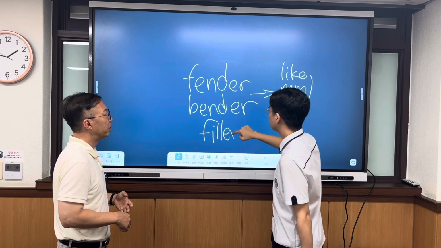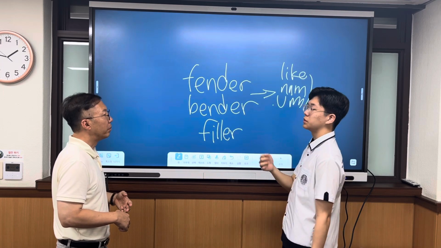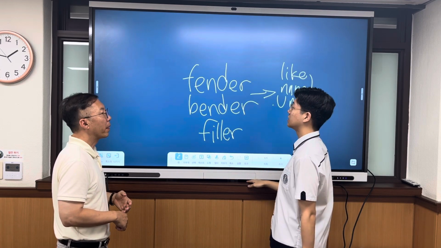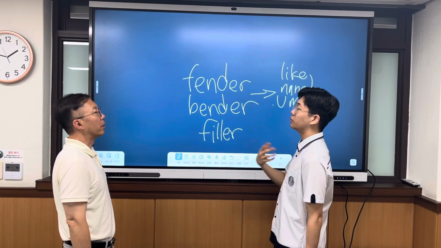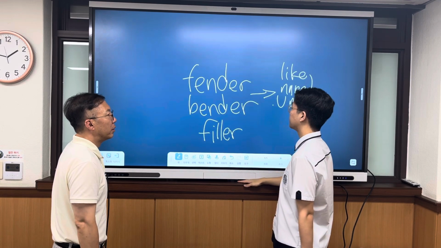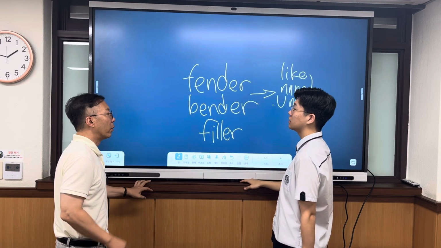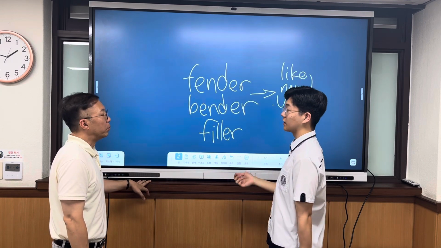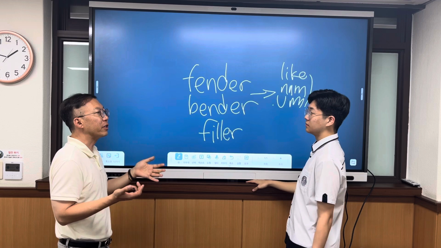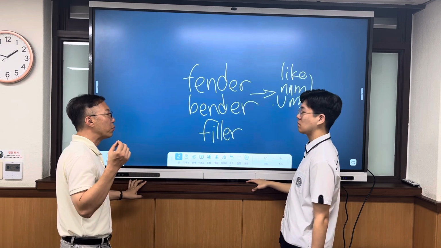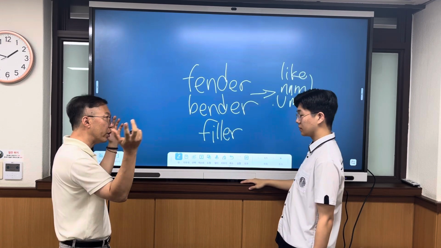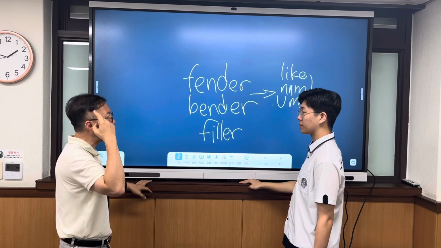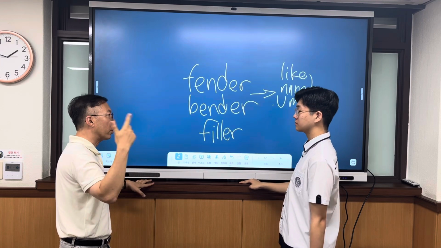Right. Those words fill the blanks between our speeches and try to give our brains some time to think more. So that was kind of a fun word to see. A lot of words we use day by day, like stuff like that. So when you have a conversation with your friend, there is a moment that you need a break between your sentences. Because you need more time to think about your next word and your vocabulary.